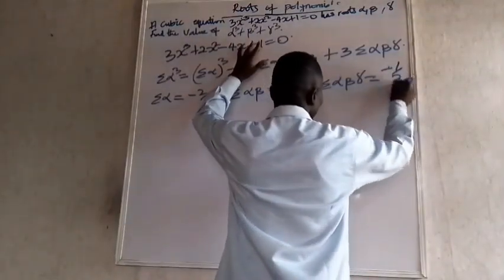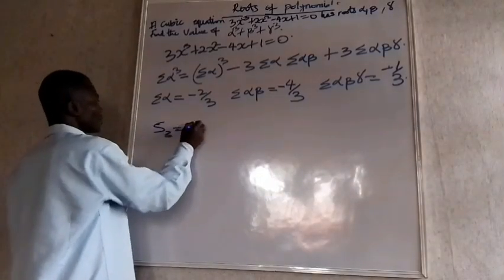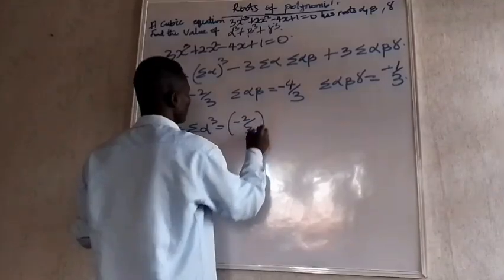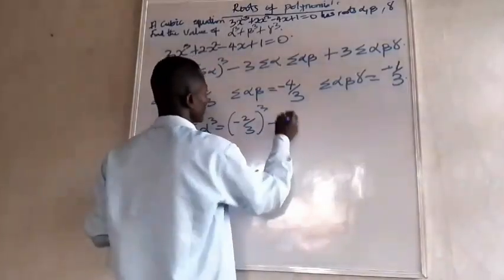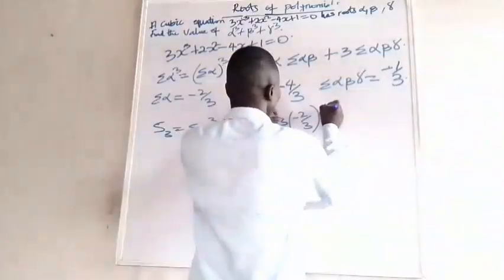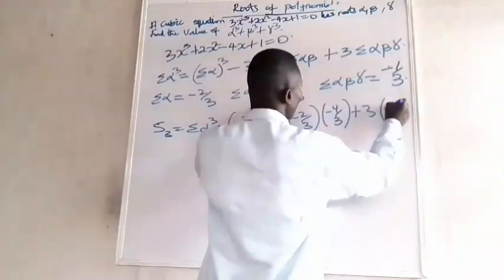So S3, which is summation alpha cubed, is equal to minus 2 over 3 cubed minus 3 into minus 2 over 3 into minus 4 over 3 plus 3 into minus 1.